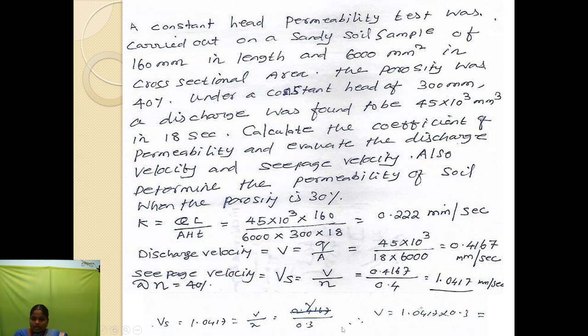For the constant head test this formula is used, and for the falling head permeability test, the permeability is k equals 2.3 aL by At times the logarithm of H1 divided by H2.